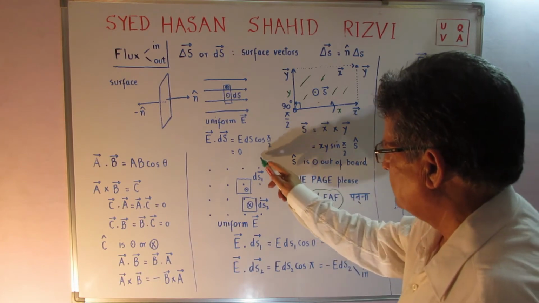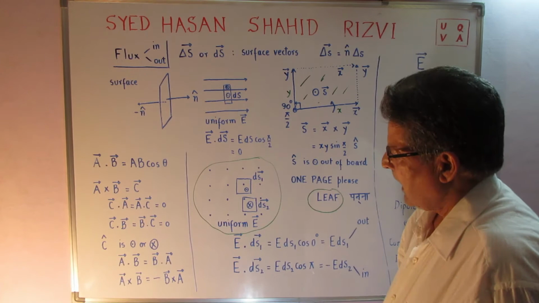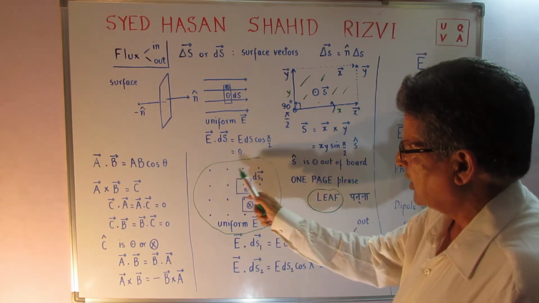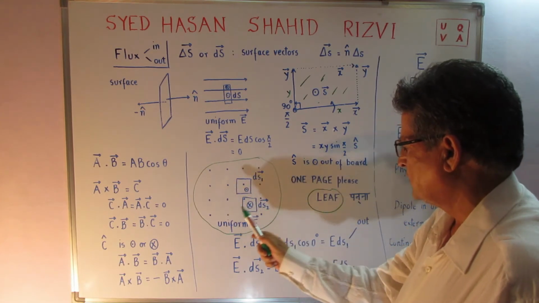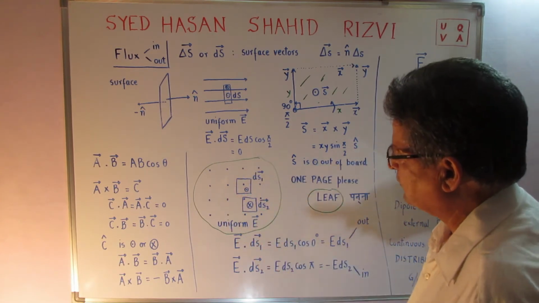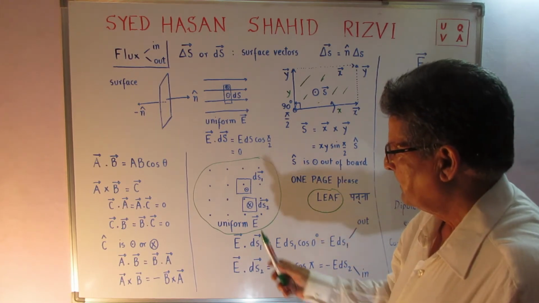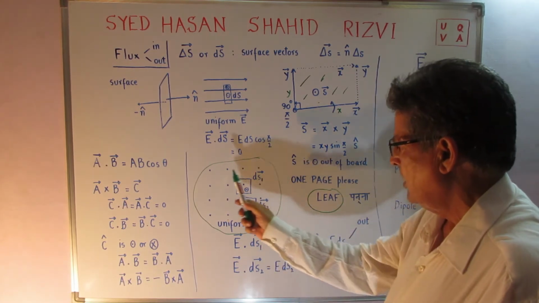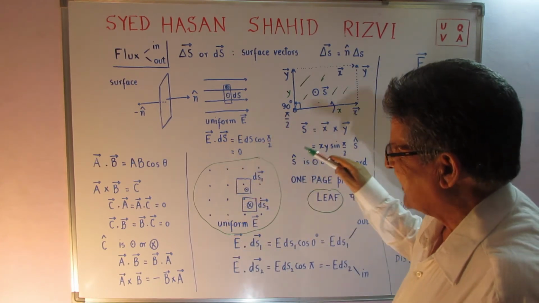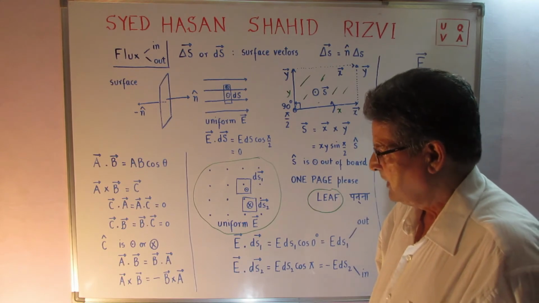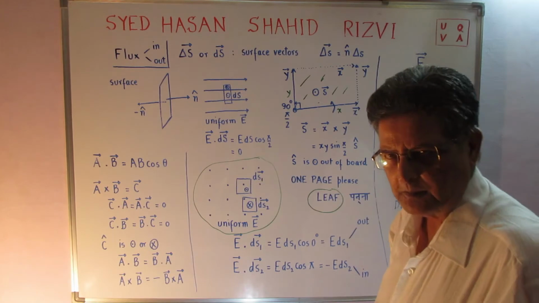Now please look here. I have shown some dots, another set of dots, another set of dots, another set of dots, 4, 4, 4, 4. So that makes 16 dots. Okay? In the row or in the column, the dots are equidistant, which means that there is a uniform electric field which is coming out of the board.